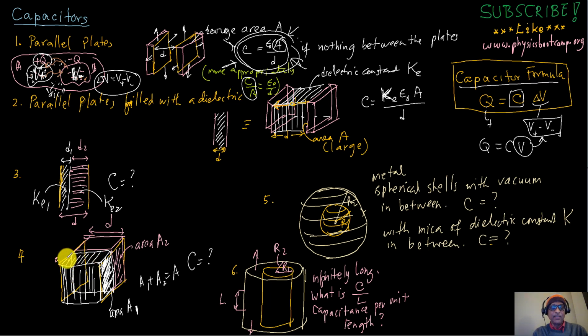So the distance, the width, is the same, but the area that it fills is different. So this one has a volume A1 times D1, and this one has volume A2 times D2. They have the same D. Okay, so let's work out these formulas. I'm going to erase this and work one at a time.